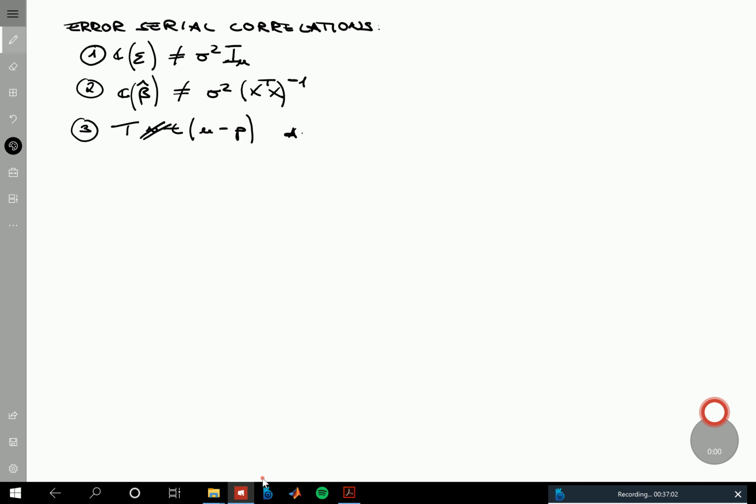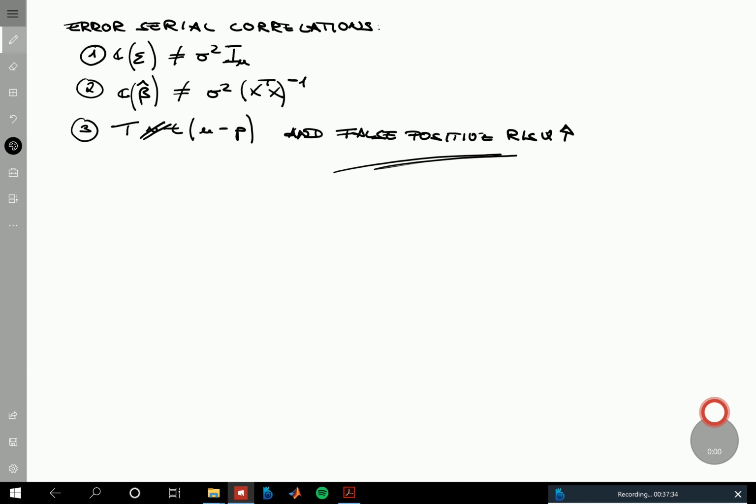It could go either way, but as we've seen, because error correlations effectively reduce the data we have compared to what we think we have, we increase our false positive risk. So these are the consequences if we have non-spherical data.